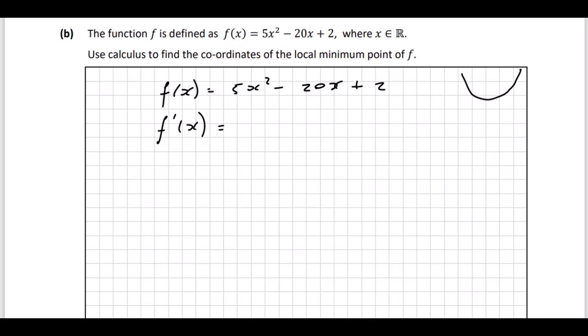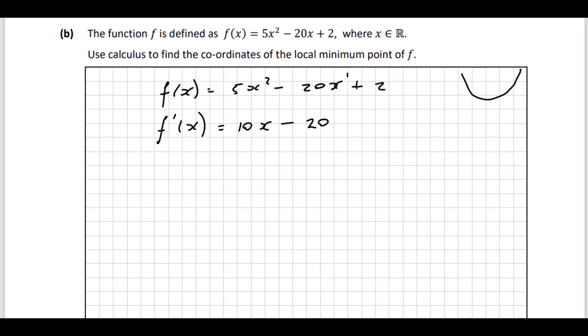Take the 2, bring it down, multiply by the 5, that gives 10, reduce the power by 1, so x to the power of 1. For the 20x, bring the 1 down, multiply by 20, and reduce the power by 1, so you end up with x to the power of 0, which is 1. So 20 times 1 is 20.